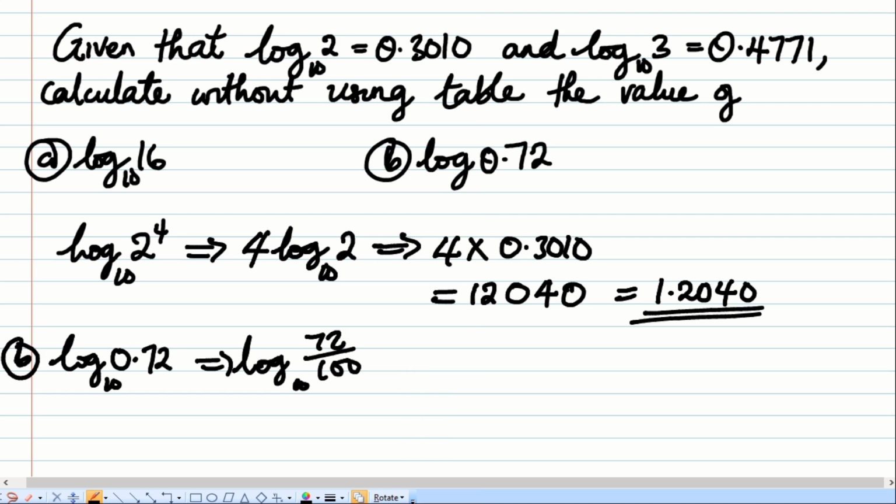So now we're going to apply the subtraction law of logarithms. This will be equal to the same as log to the base 10 of 72 minus log to the base 10 of 100. This is the subtraction law. When you're subtracting between logarithms, you take the division. Now we can go back and forth. So we are going from this to this.